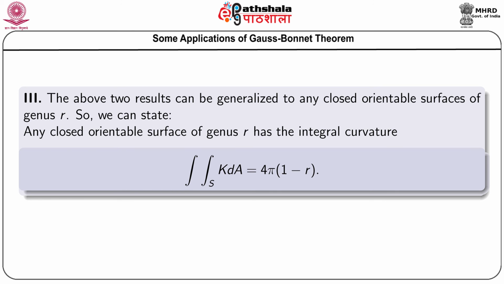It can be proved, but we have not included the proof here, but the result is very important, that the integral curvature of a closed orientable surface of genus R is 4 pi within the bracket 1 minus R. So, from this result, the previous two observations come easily.